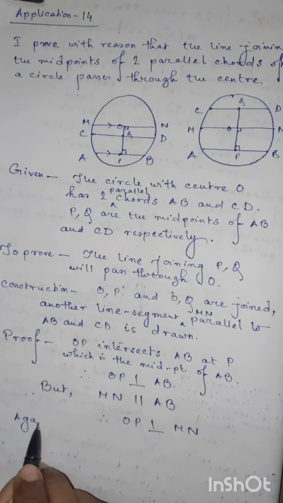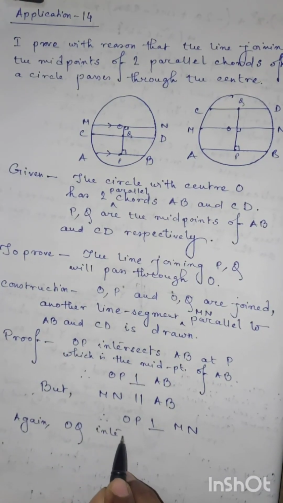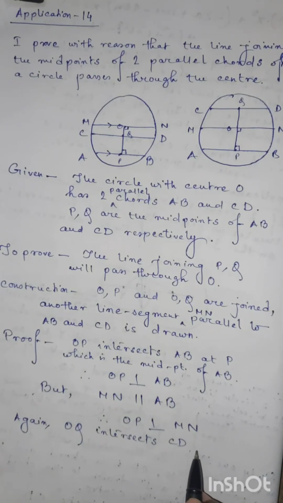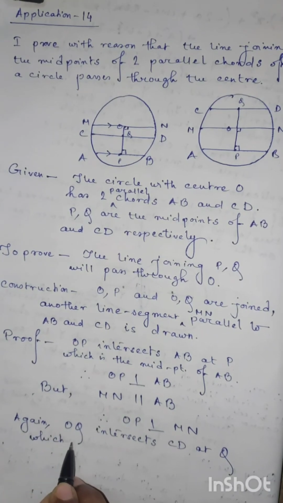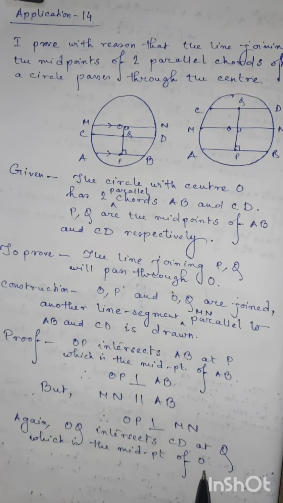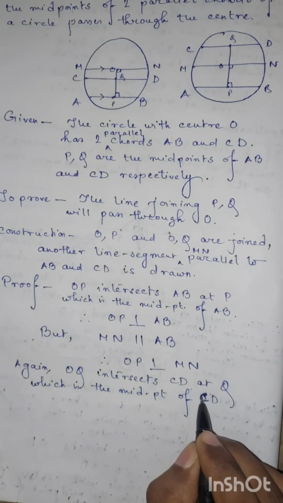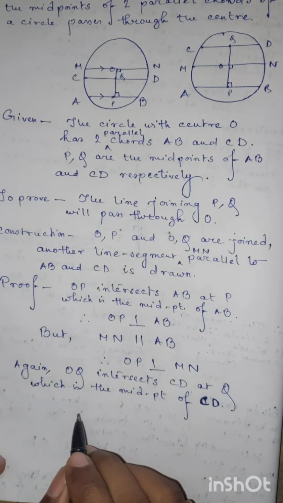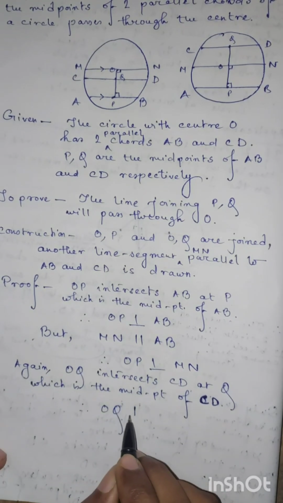Again, OQ intersects CD at Q, which is the midpoint of CD. Therefore, OQ is perpendicular to CD.